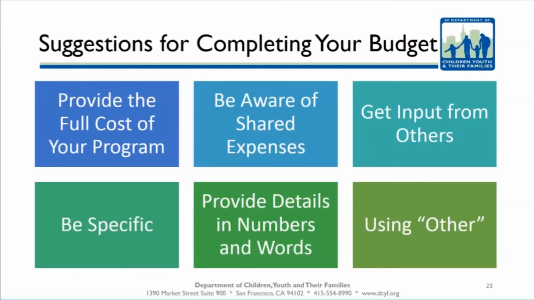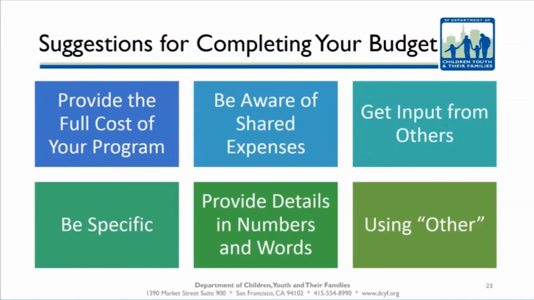Please be specific with your budget. Most line items have pull-down menus where you can list out specific categories of expense. We expect you to do a very fine line item detail whenever it is possible. So do be specific. Provide us details in numbers and in words.